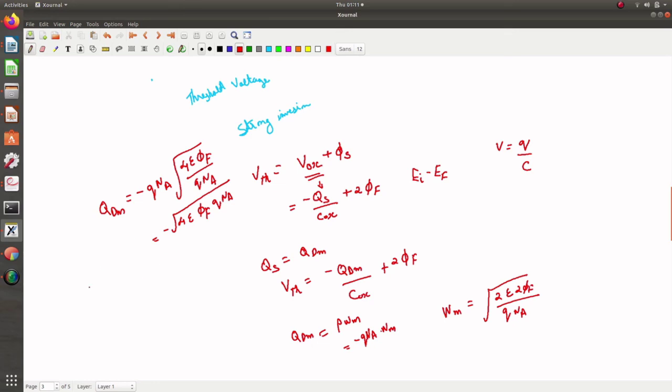Therefore, the threshold voltage VTH is equal to 2 phi F plus 1 by oxide capacitance COX into root of 4 epsilon phi F Q Na. So this equation gives us the threshold voltage VTH, which is the voltage required to introduce strong inversion in the semiconductor.